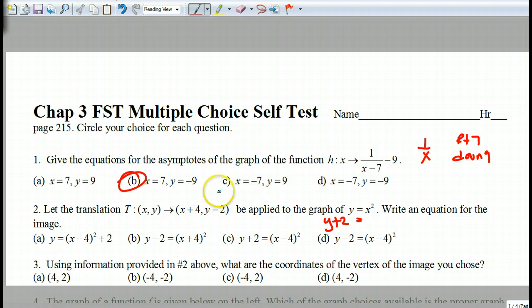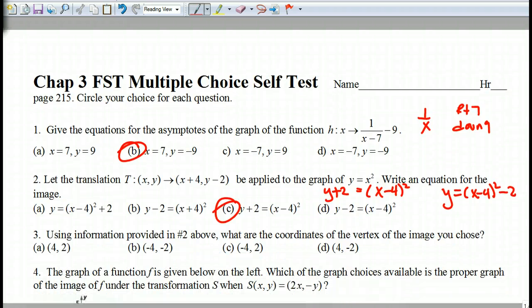This is a plus 4, so it's going to be the opposite of that, x minus 4 squared. And then if we solve for this, it could be y equals x minus 4 squared minus 2. So which one of these equals what I just wrote up here? C. All right.